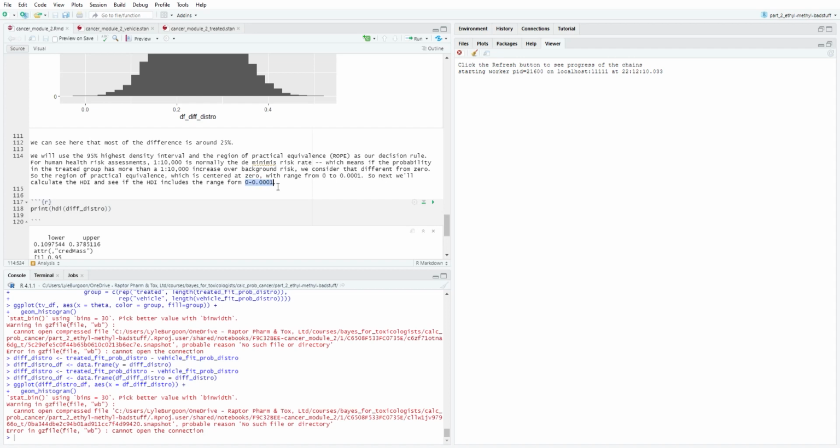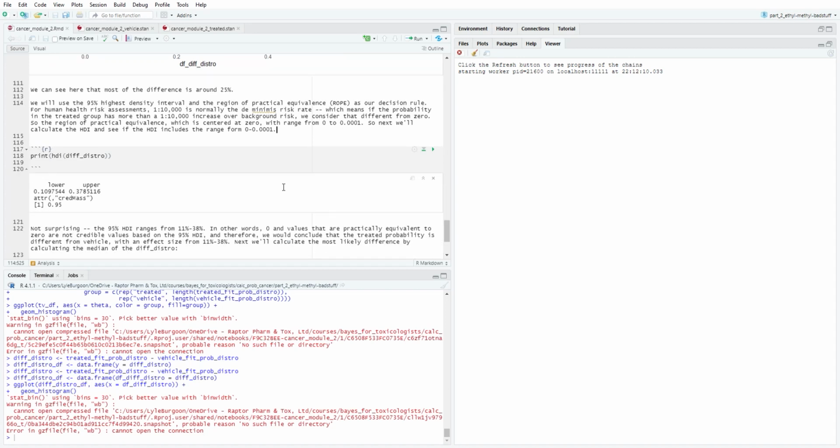So if the difference is from 0 to 0.0001, that is our ROPE. If the highest density interval is within this range, then we are going to say there is no difference. If the highest density interval is completely to the right and is not included within the ROPE, then we will conclude that treated is different.